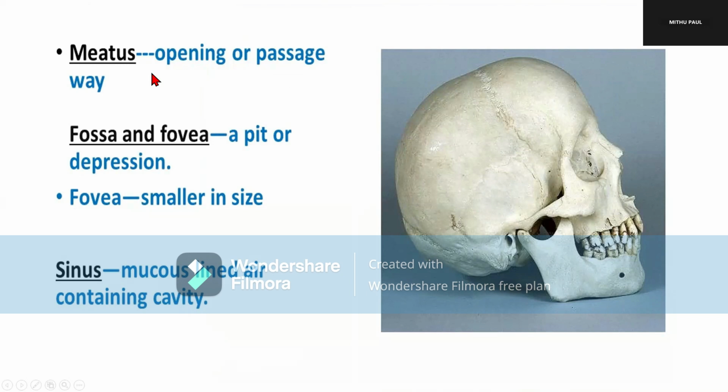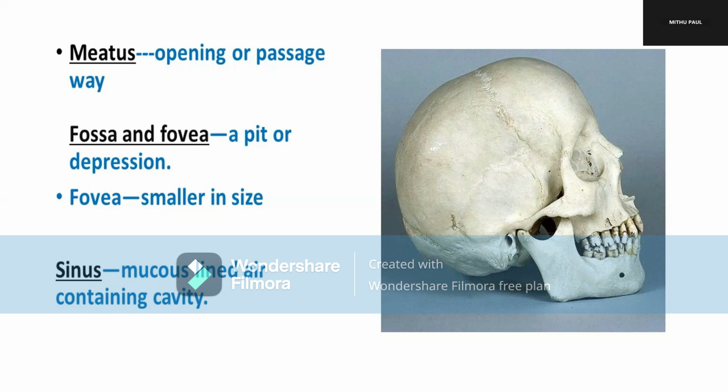Now to say about some meatus, fossa, fovea, and sinus. Meatus is a passage or opening to something. Fossa and fovea, or pit, are small circular depressions on the surface of the bone. And sinuses are mainly features of the pneumatic bones. Pneumatic means containing air, so an air-containing bone is a pneumatic bone. But in living life, the bony cavity cannot lie as it is or dried up.